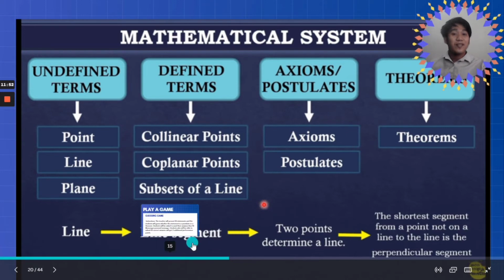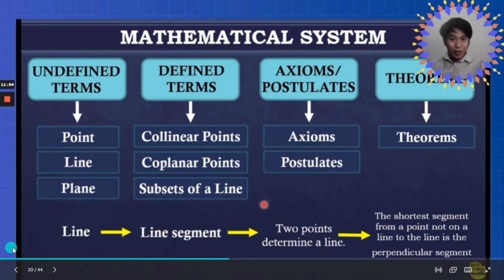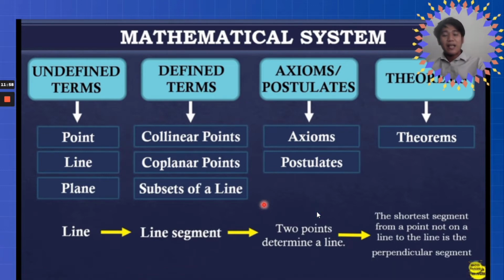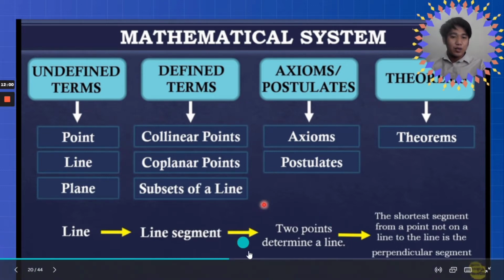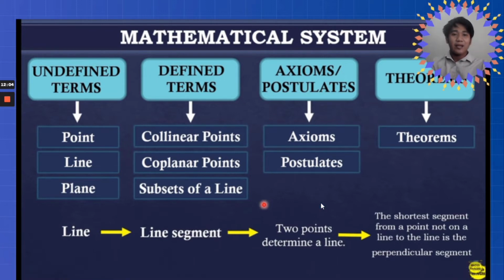It is part of the line with 2 endpoints. And then axioms, based on the undefined terms, we have this postulate, accepted like 2 points determine a line. If we connect those 2 points, we can determine a line. And a line is a set of all points that extends in both directions.